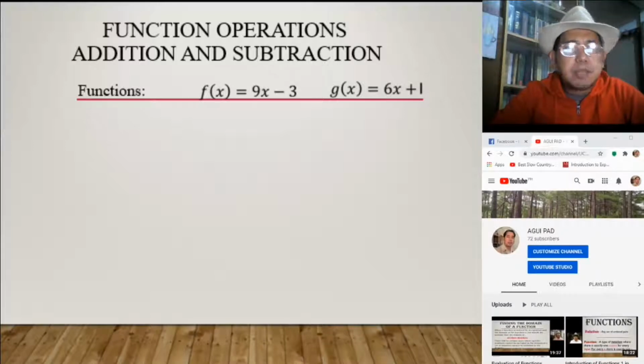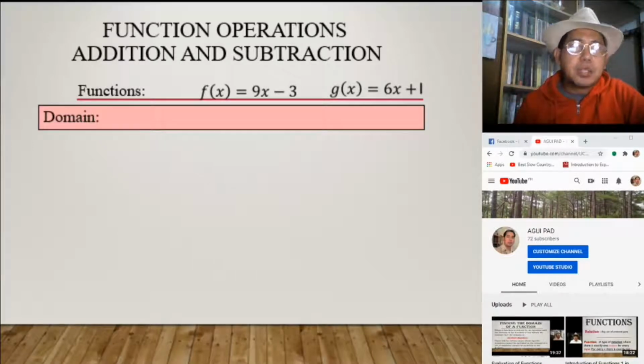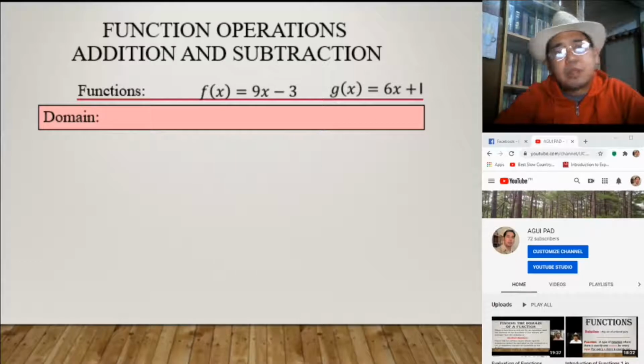Let's say, for example, we have in here two functions, function f of x and function g of x. So it says in here we're going to get the sum. When we are going to get the sum, there are things that we need to understand. The domain of the function. Last time we discussed the domain of the function.